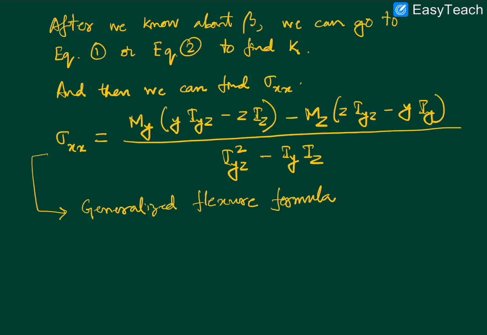A more important simpler case is when the y and the z axis are chosen to be such that they are principal axis, and we have already learned earlier that in such a case the Iyz will be equal to 0, and in that case this formula becomes much simpler.